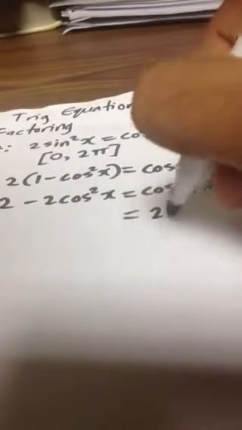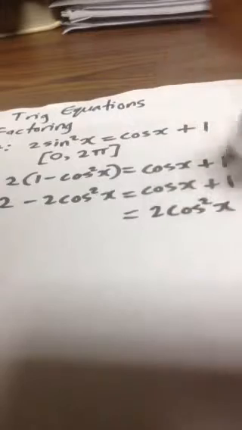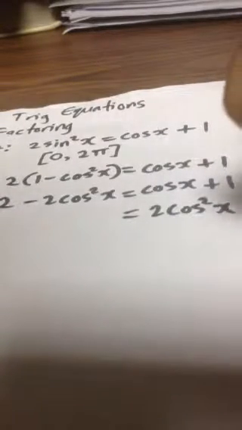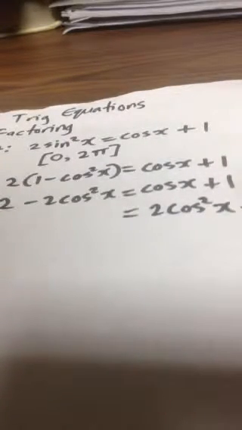So bringing the minus 2 cos squared x over, it becomes 2 cos squared x plus cos x plus 1 minus 2 when we bring our 2 across. So it looks like this, and that is going to be equal to 0.